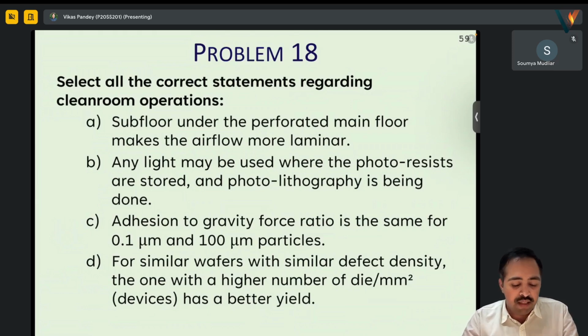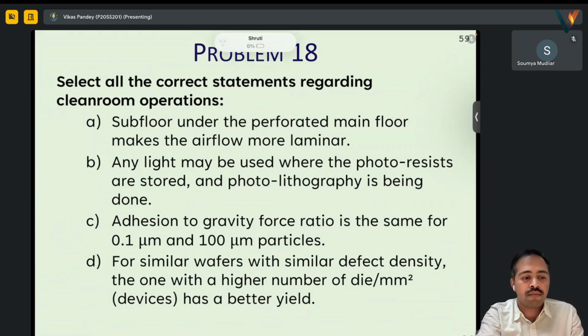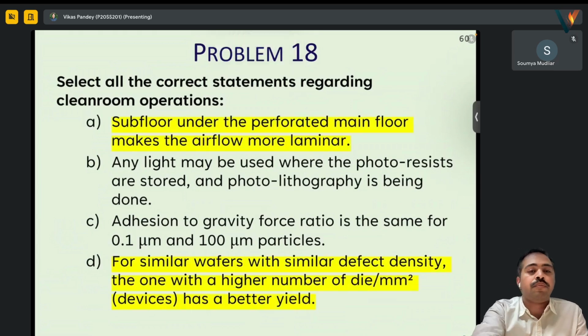Yes, any answers? Any answer to this? So as I was talking about the laminar flow, the perforated main floor makes the airflow laminar.